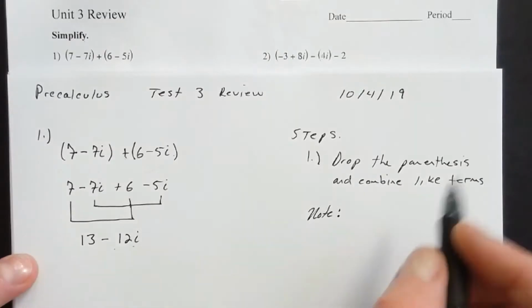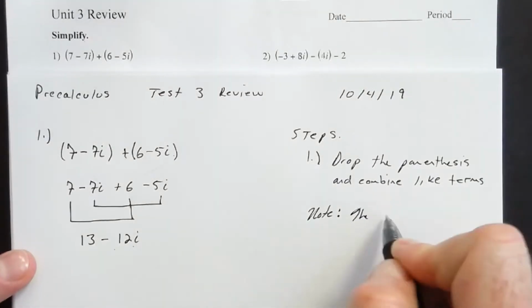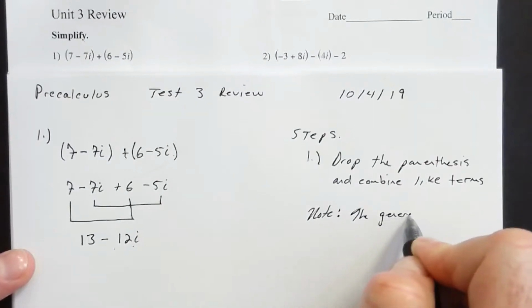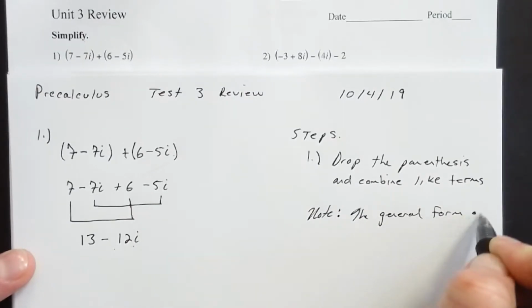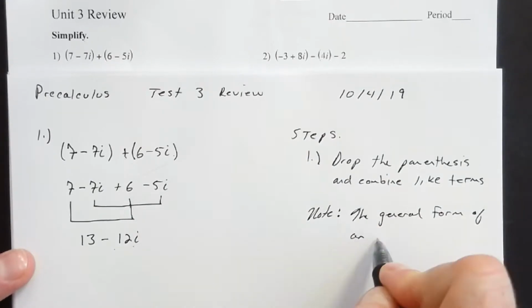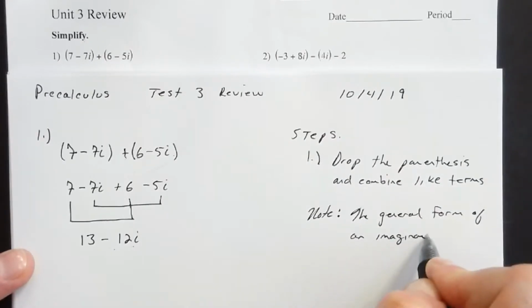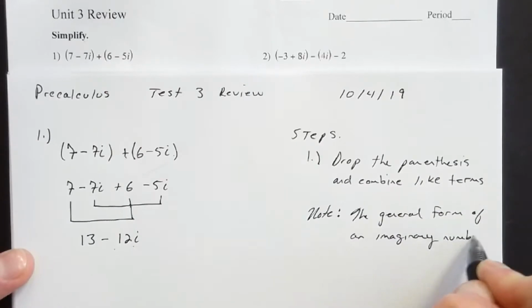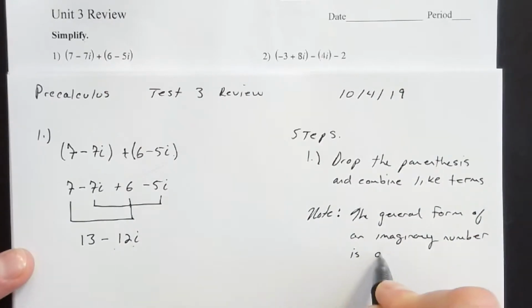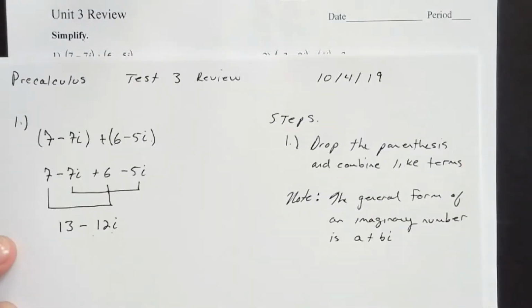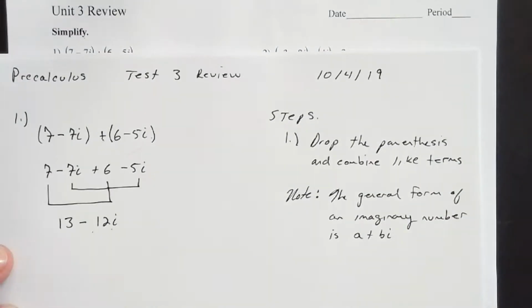The general form for an imaginary number is a plus bi. What's our a? 13. What's our bi? Negative 12i. So there's no more simplifying that we can do here.